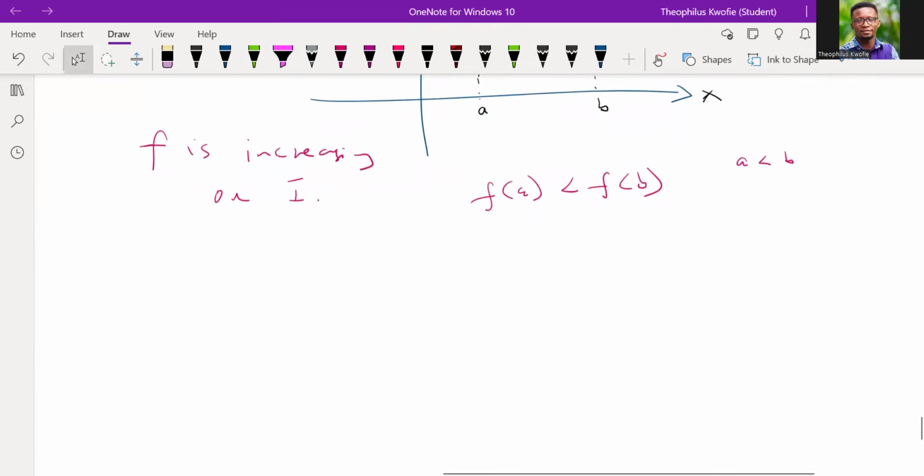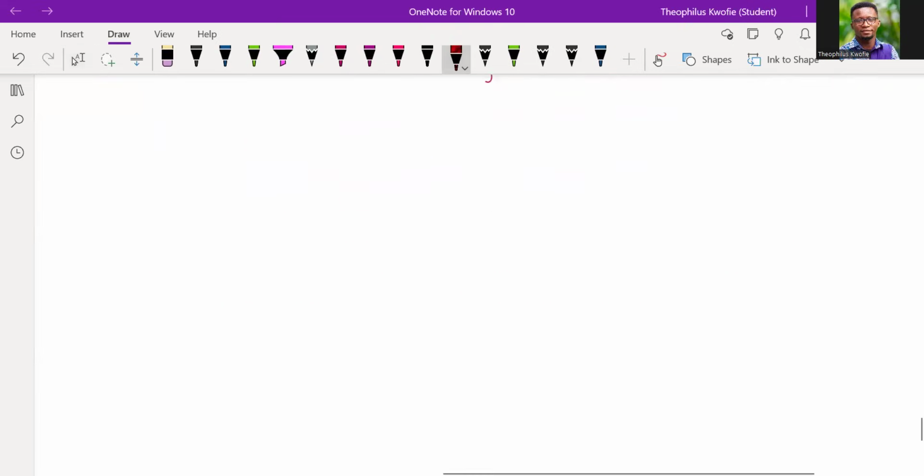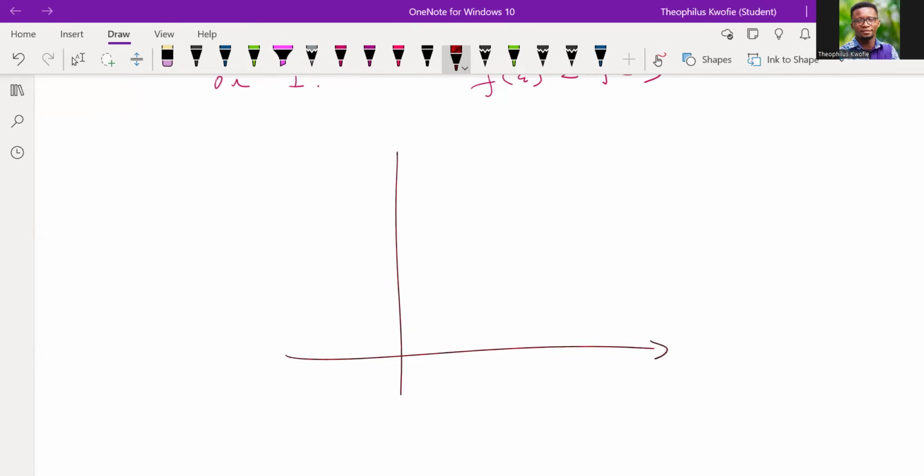All right. So let's look at the other side of the function. What if the function is decreasing? How do we approach it? Suppose you have a function that starts as high as this, then begins to decrease like this.